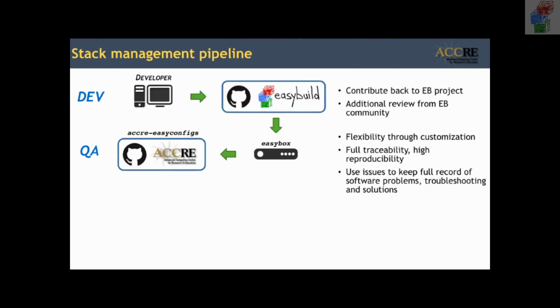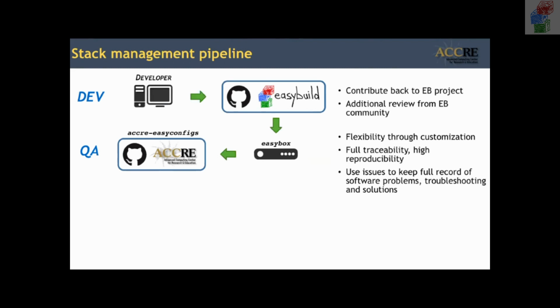In this way, we have the flexibility of adapting the installation to our needs, and at the same time we keep constant track of all the changes that we make to EasyConfig files to ensure reproducibility and avoid future errors. We also use issues internally to keep track of problems we had with a piece of software.